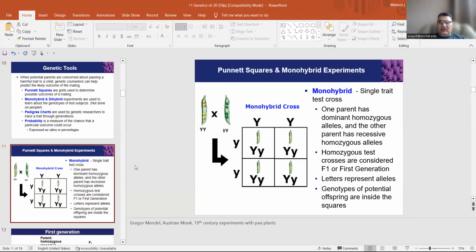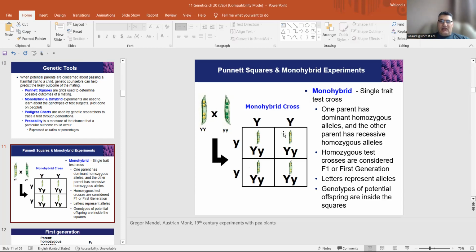So for monohybrid and dihybrid or polyhybrid, not the most important thing, but let me just give you an example here. Let's say you are matching these two plants together, vegetables, and you wanted to guess or measure the probability.